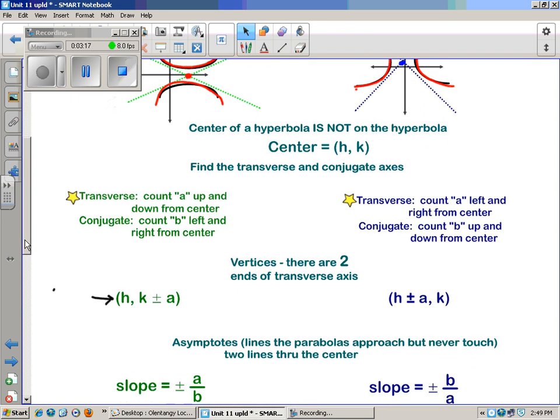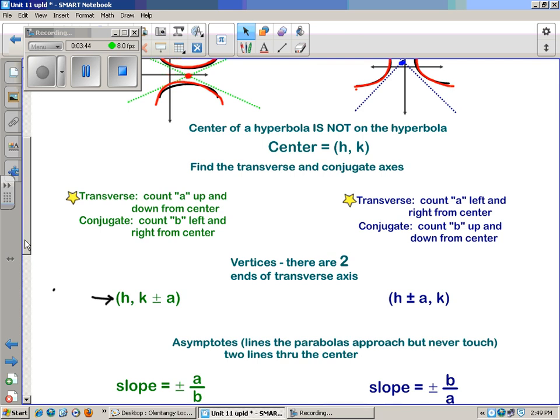All right. And now we have hyperbolas, so we've got to have vertices to graph them. And it's easy to find the vertices of a hyperbola, because you don't have to do the negative b over 2a and all that stuff.